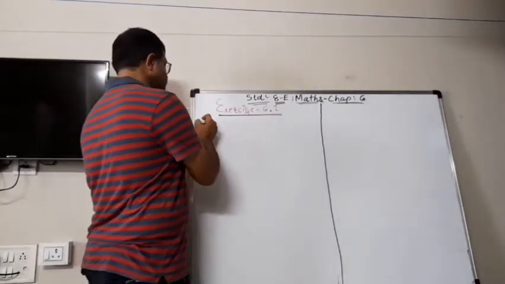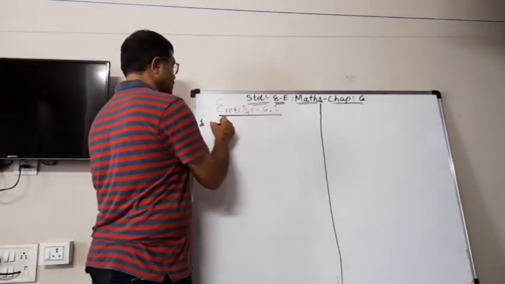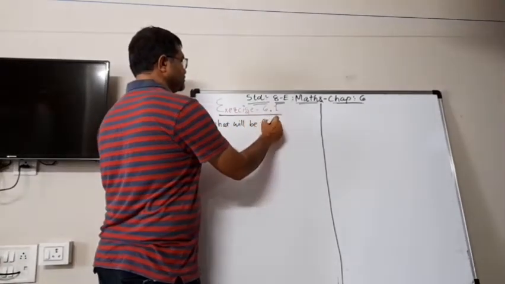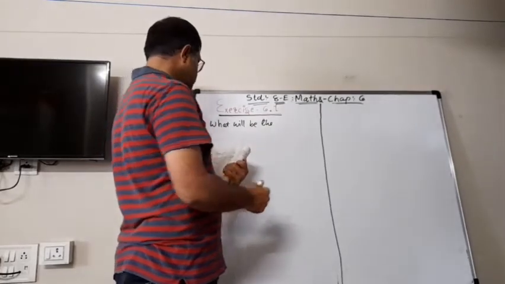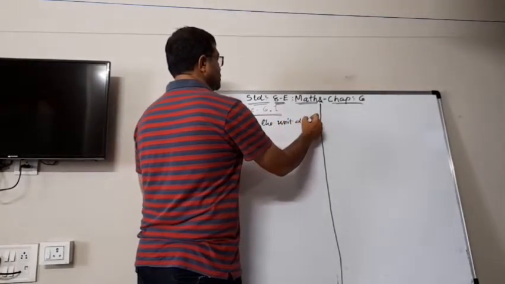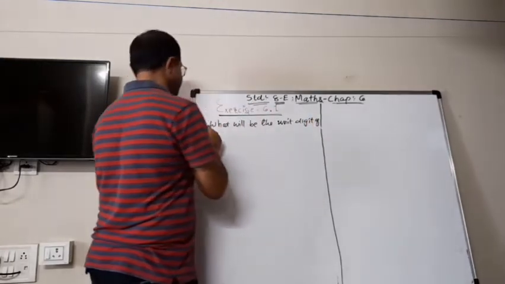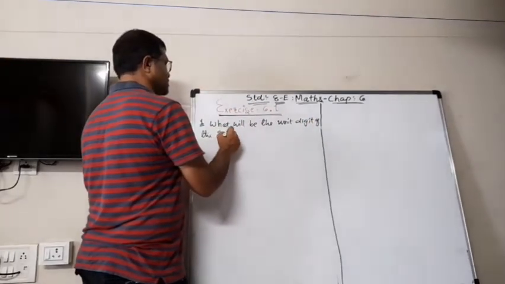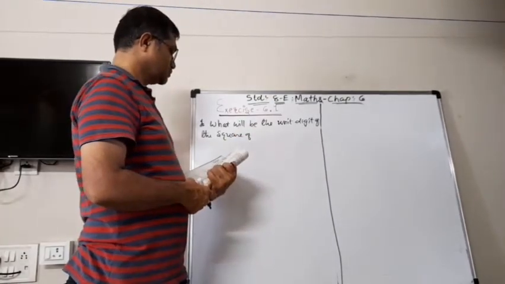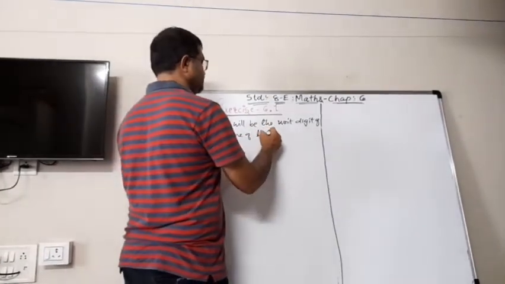Question number 1 says: what will be the unit digit of the square of the following numbers.